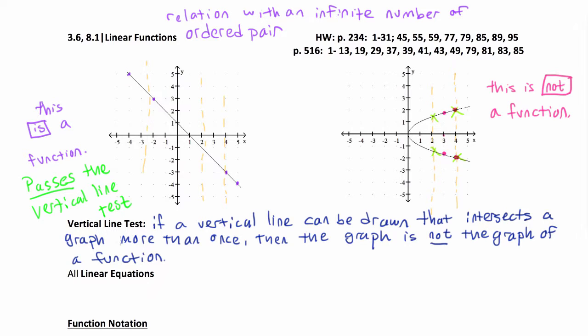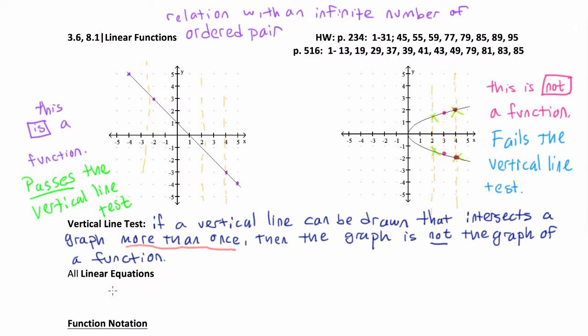And if you pass the vertical line test, you are a function. This, however, I can draw vertical lines that intersect more than once, so this graph fails the vertical line test.